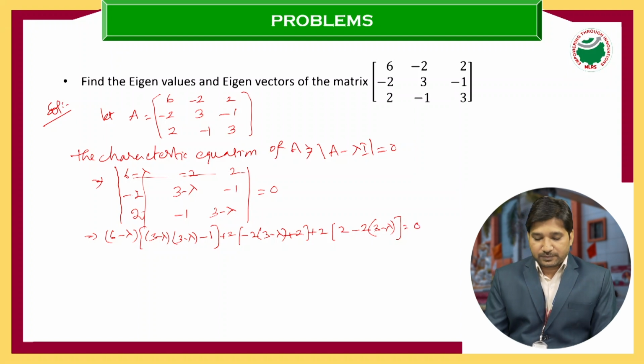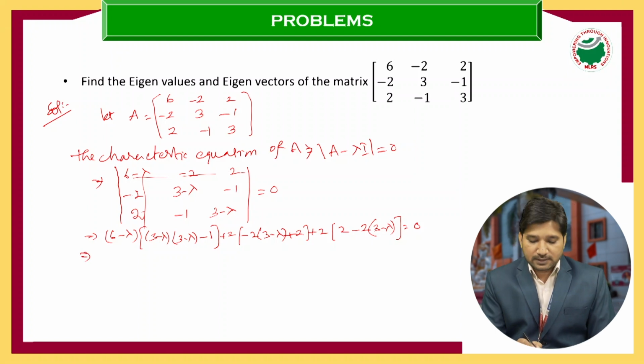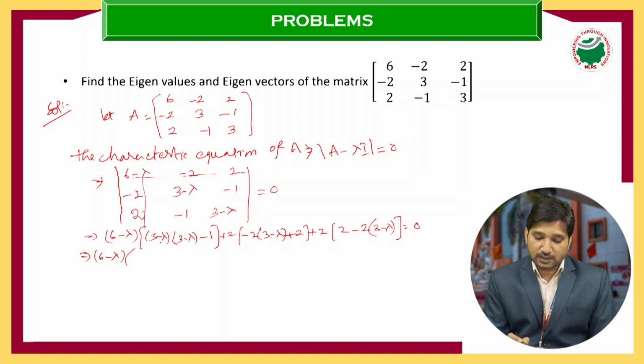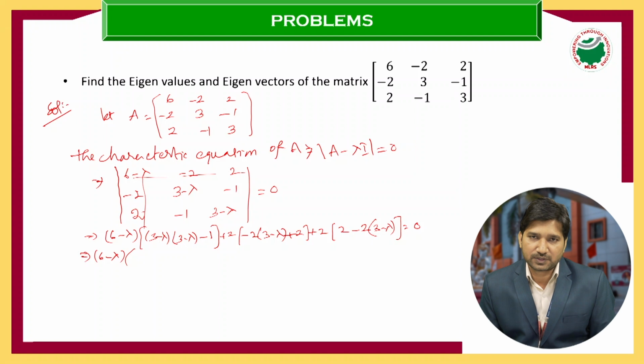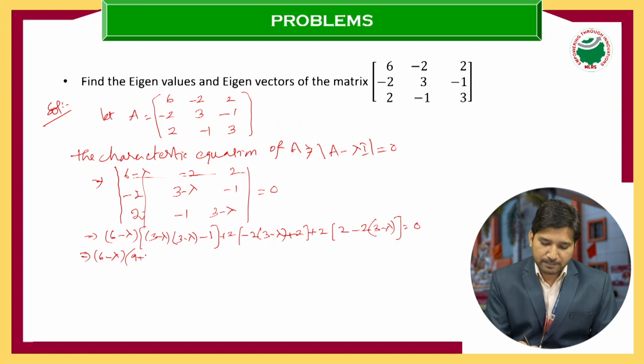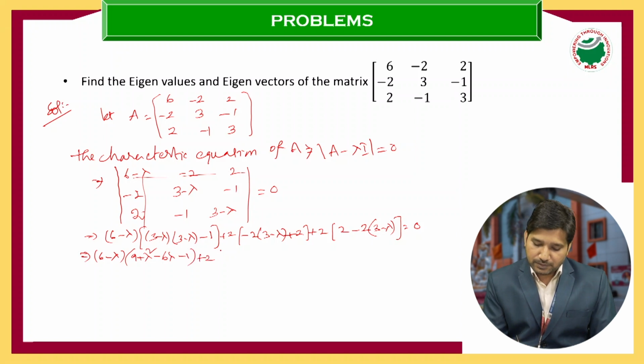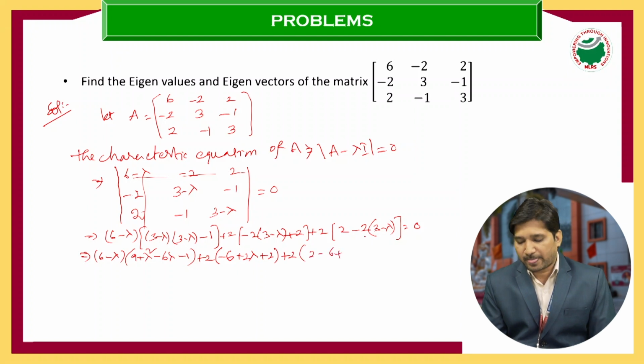Solving the equation, we can simplify this one. (6 minus lambda) into (3 minus lambda) whole square, using the formula (A minus B) whole square equals A square plus B square minus 2AB, that is 9 plus lambda square minus 6 lambda, minus 1, plus 2 into minus 2 into (3 minus lambda), that is minus 6 plus 2 lambda, plus 2 into 2 minus 6 plus 2 lambda, equal to 0.